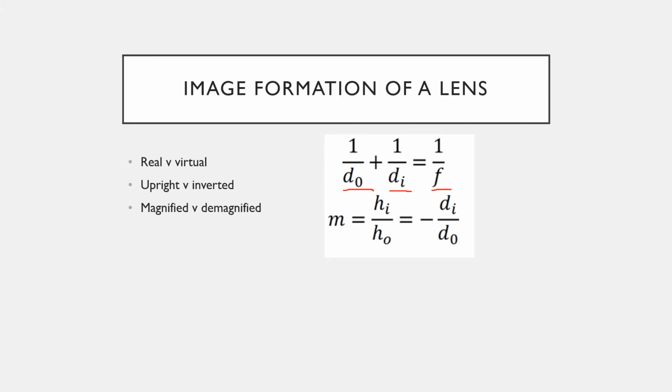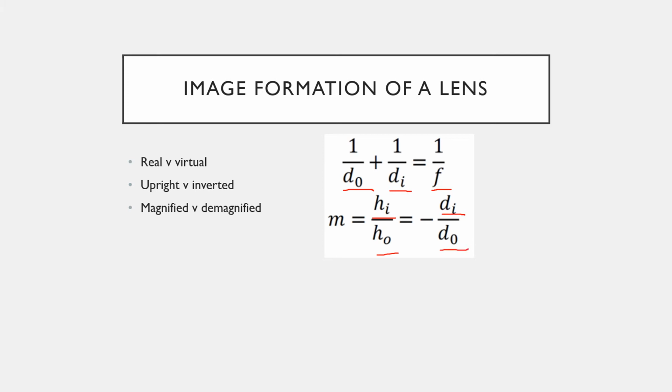The second one deals with magnification, where h_i is the height of the image that the lens forms, h_o is the height of the object you are dealing with, and magnification is also equal to negative d_i over d_o.